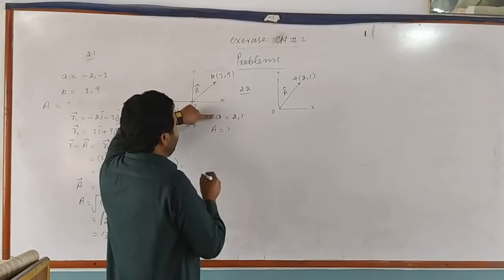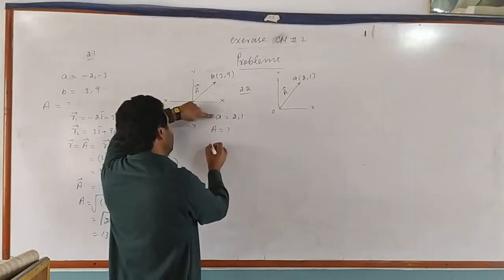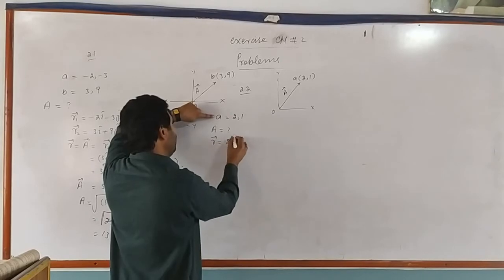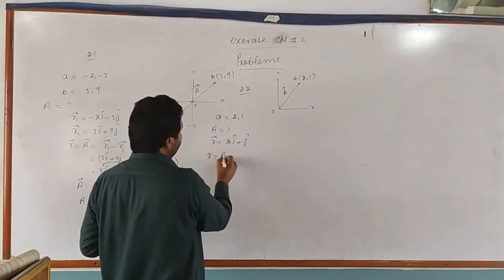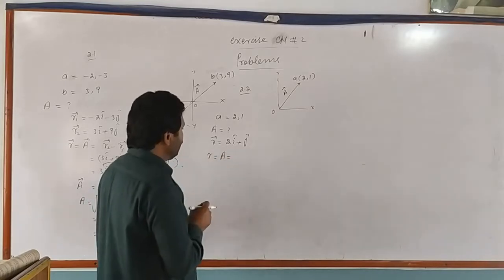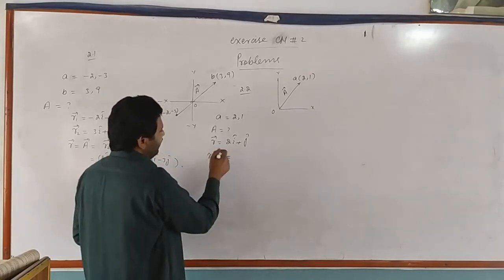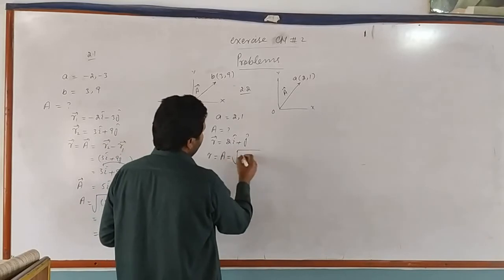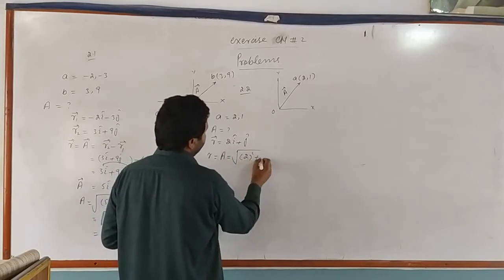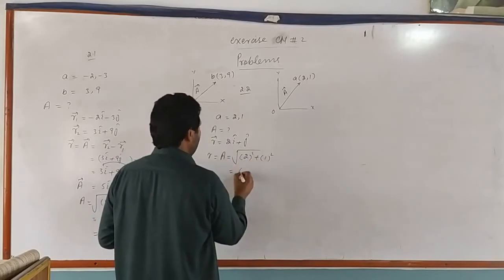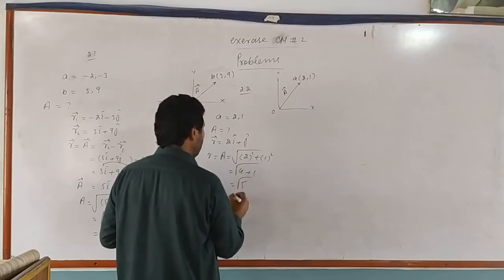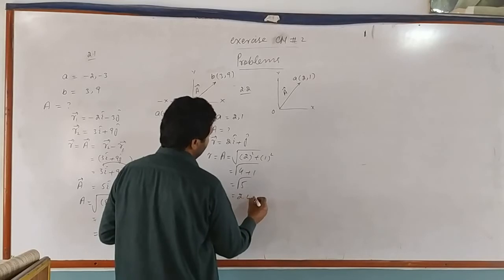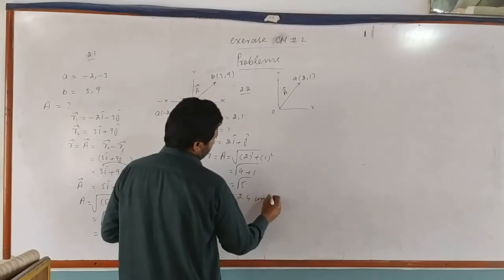The position vector of A will be, suppose, R is equal to 2i unit vector plus j unit vector. The magnitude of this vector, which is also the magnitude of vector A, will be 2 square plus 1 square, is equal to 4 plus 1, whole under root, is equal to 5 under root, is equal to 2.24 units.